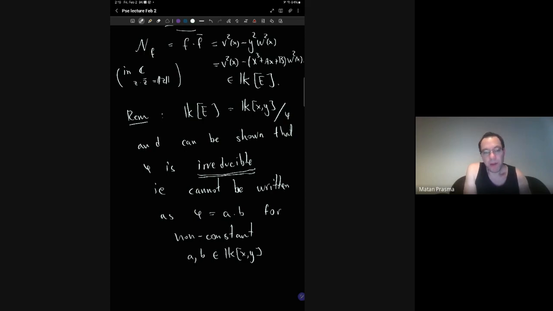But the proof that this was a field relied on the fact that we could do GCD. And in two variables, we don't have a well-defined GCD.